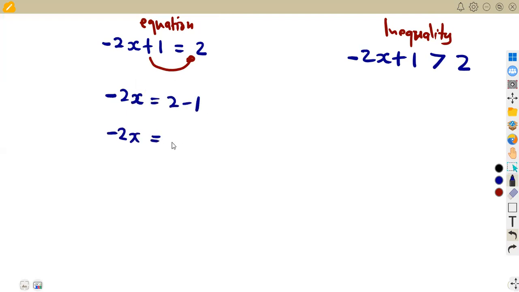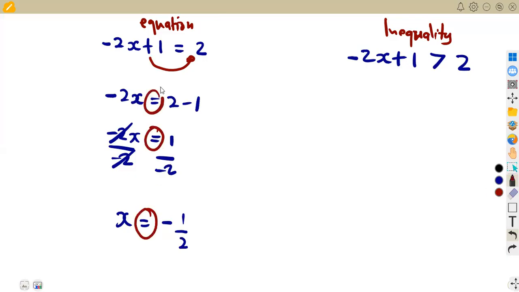We divide by negative 2, both sides. x will be equal to minus 1 over 2. Because it is an equation, there is nothing that is going to be affected. There's no equal sign being changed to another sign, because it's an equation.